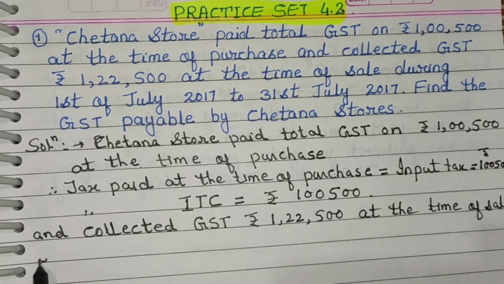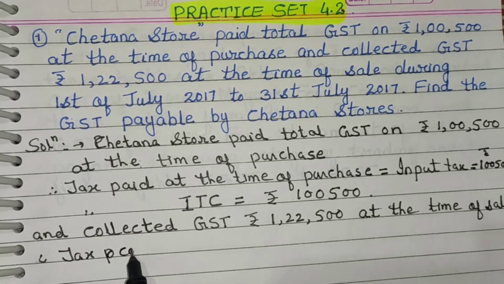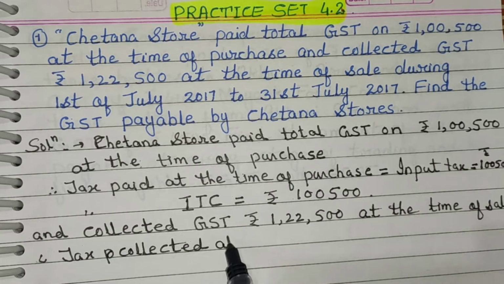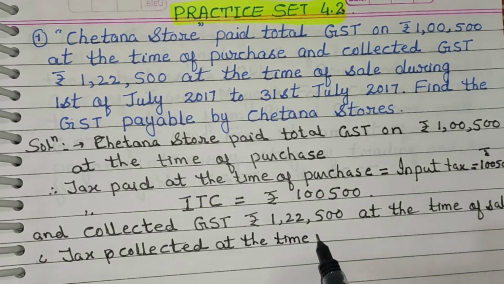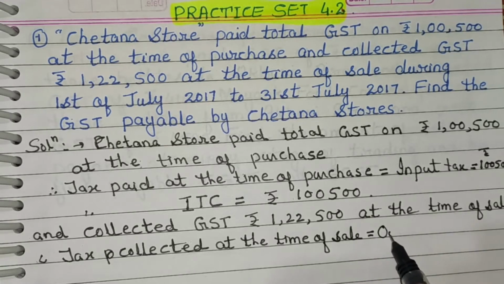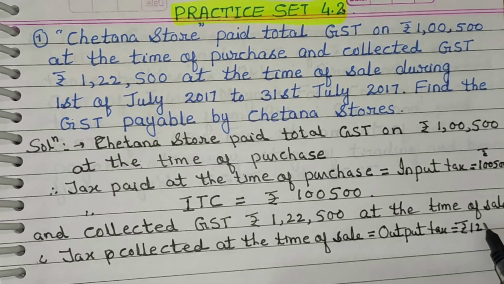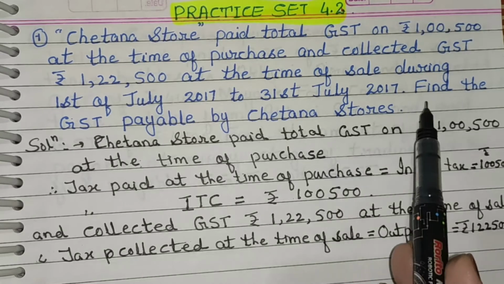Therefore, it is tax collected at the time of sale, which is known as output tax, is equal to rupees 1,22,500.